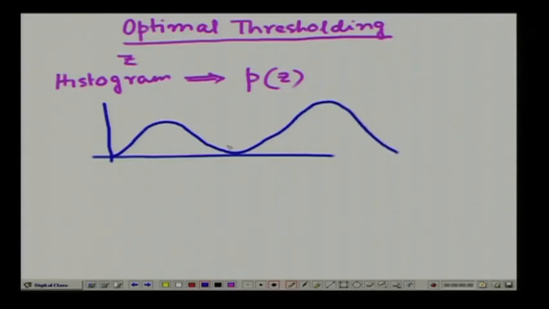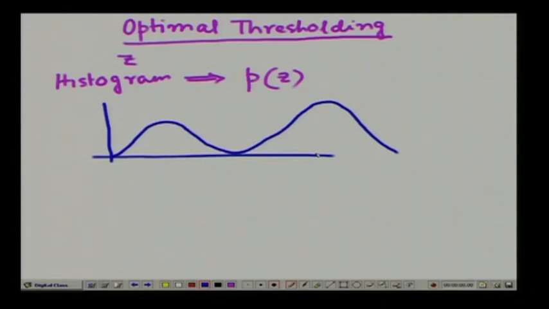And as we said, we are assuming the histogram to be a probability density function of the intensity variable z. So, this bimodal histogram can be considered as a combination of two probability density functions, two PDFs. One of them is, say, P1(z), the other one is the probability density function P2(z).